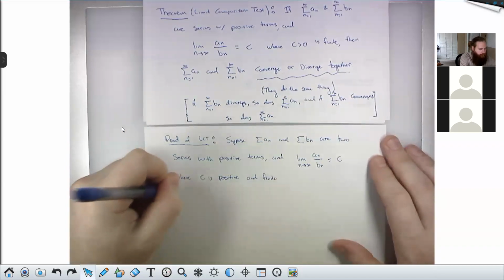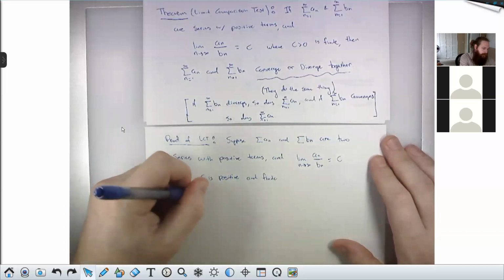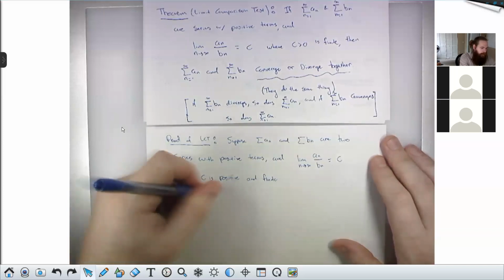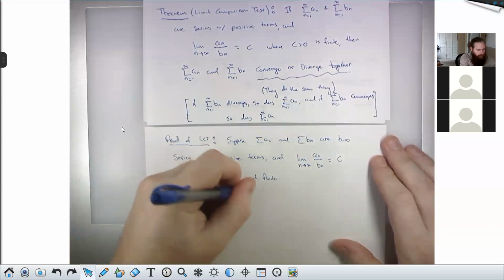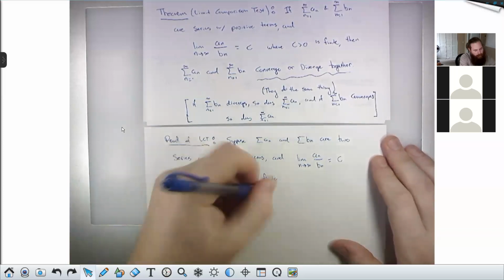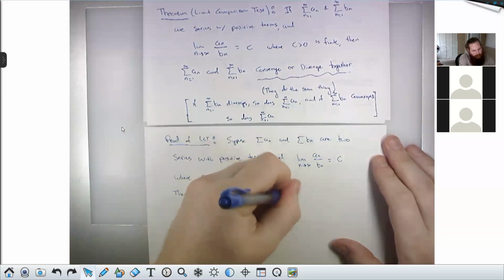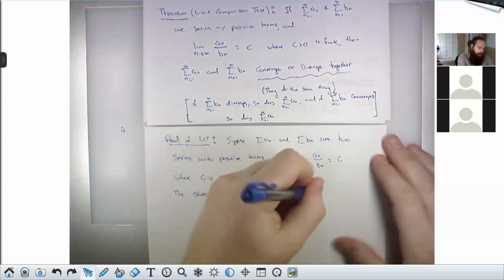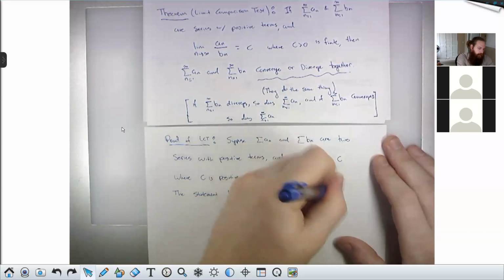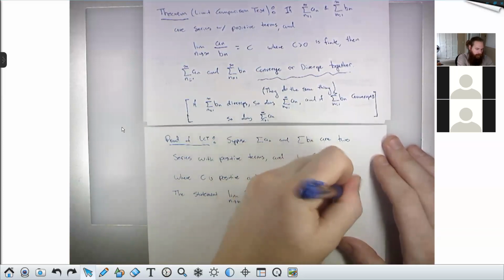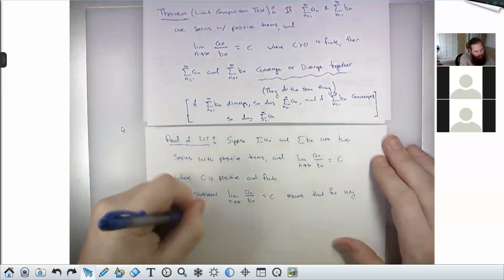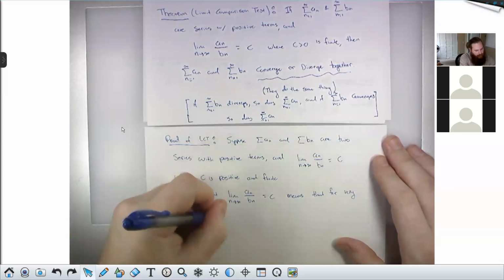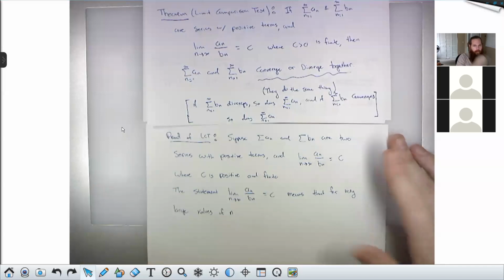The statement limit as n goes to infinity of An over Bn equals C means that for very large n, what does this mean?